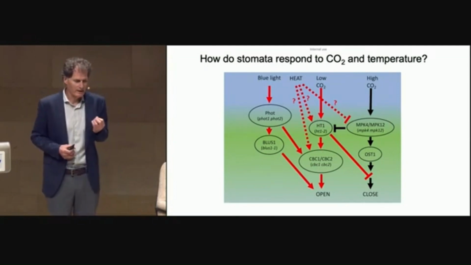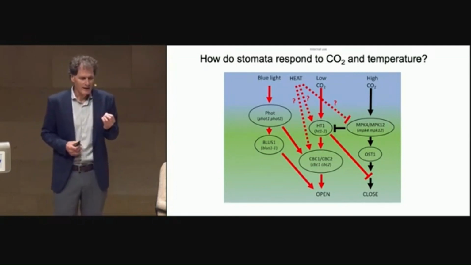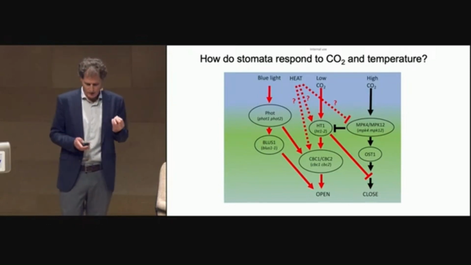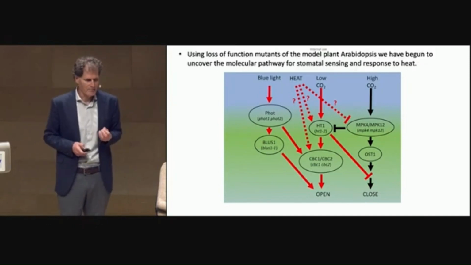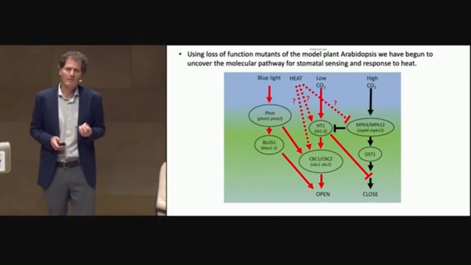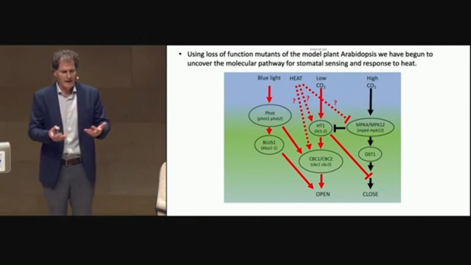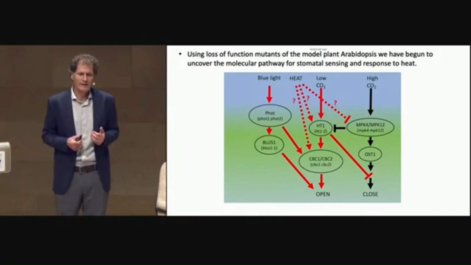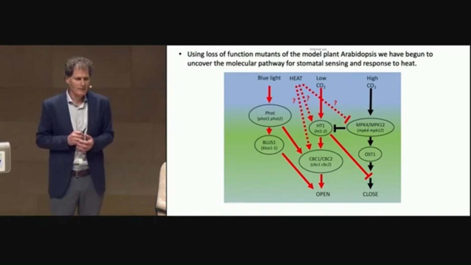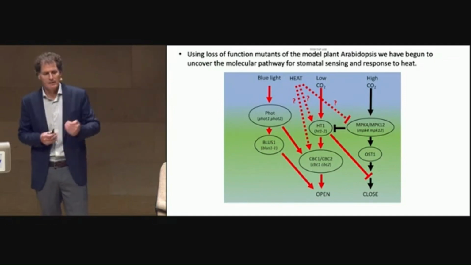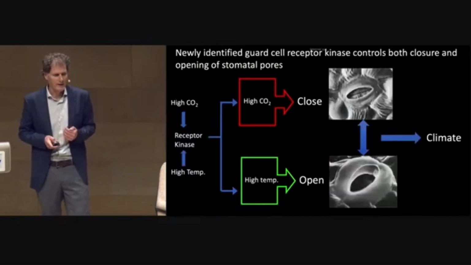And I found that rather remarkable. That's a classic example of a knowledge gap that needs fundamental research. And so we've begun to embark on efforts to uncover that pathway of heat response, and using some techniques called loss of function in plant models in Arabidopsis, we've begun to make headway into uncovering parts of that signaling pathway.